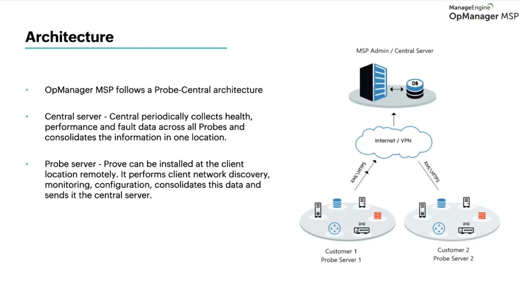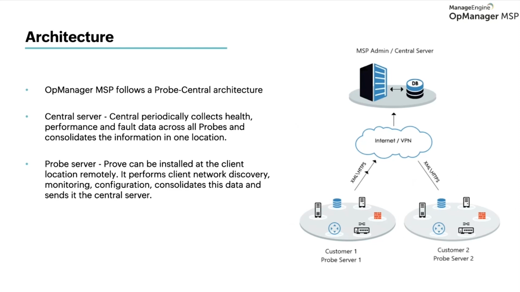Next in queue, we have the architecture of OpManager MSP. OpManager MSP serves the needs of every managed service provider with its probe-central architecture. Let me explain how Central and probe work. The central server acts as a unified console which synchronizes data with multiple probe servers. The central server is designed to provide network visibility across locations, and consolidate and report the health of multiple remote networks.